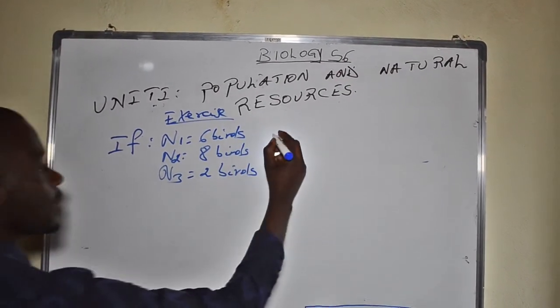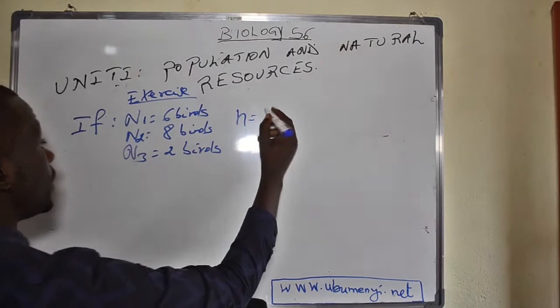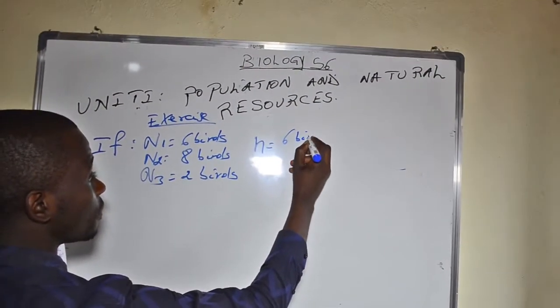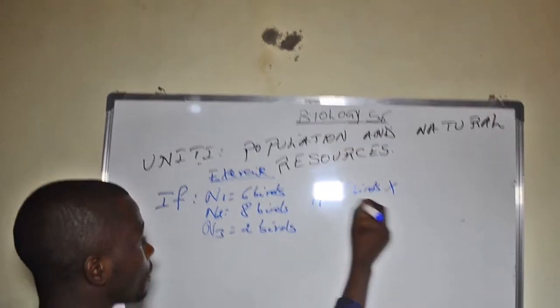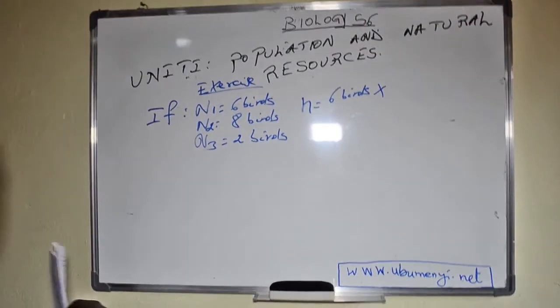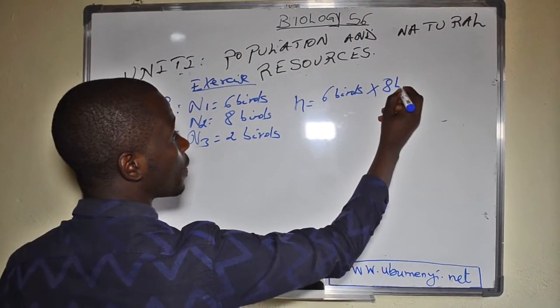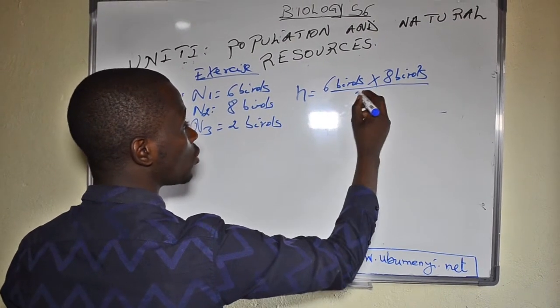This means that the number of birds that we are looking at will be equal to 7 times 8, it's not plus, it's times, divided by 2.